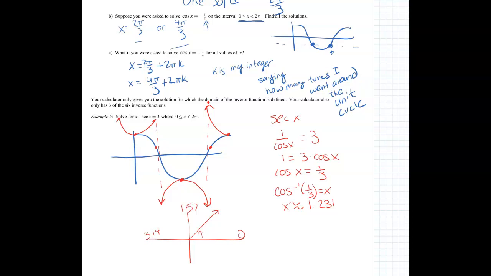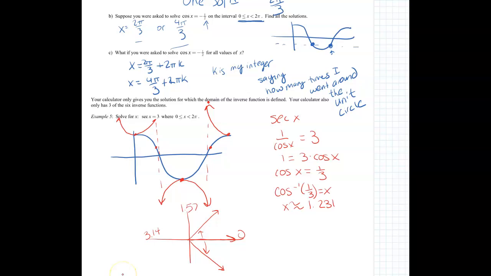And so then I gotta remember, okay, where else would my cosine be a positive 1/3? Well, cosine's my x value, so if I have to be on this side of my x-axis in order for it to be positive, that means that I need to stay on the same side of the x-axis, but go down. That way my x value doesn't change.